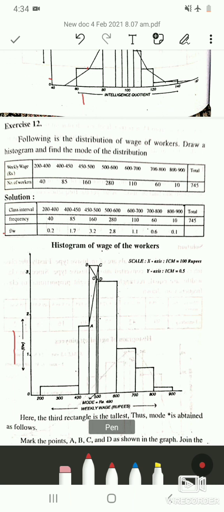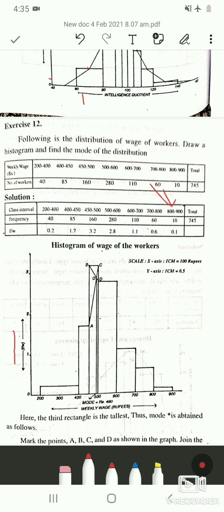Then for the next class interval 400 to 450, it is 1.7, which is somewhere here. Draw a rectangular box. Similarly, plot the histogram for all the values of class intervals. For the last one, it is 800 to 900. Draw a rectangular box of height 0.1 and join it.